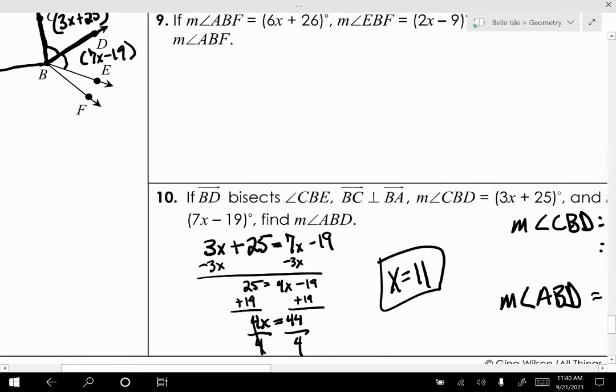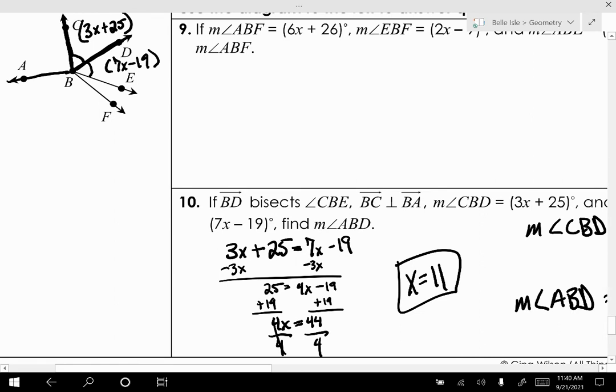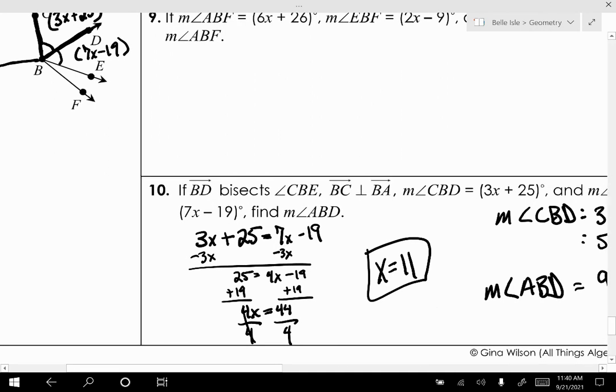First we need to find x. We know that CBD and DBE equal each other because they were bisected. So we set 3x plus 25 equal to 7x minus 19.